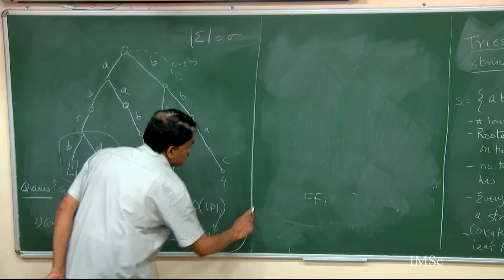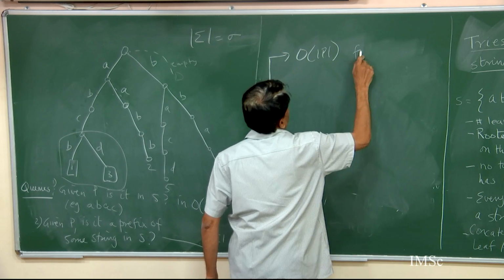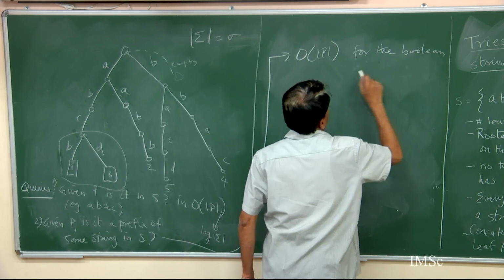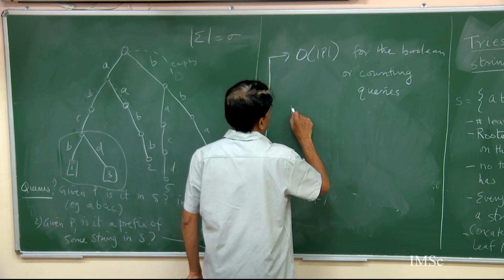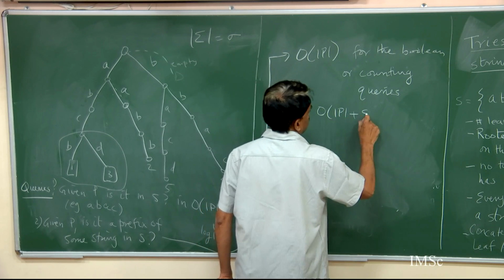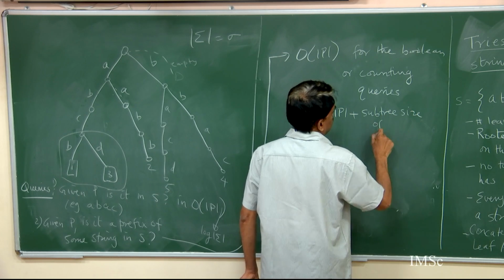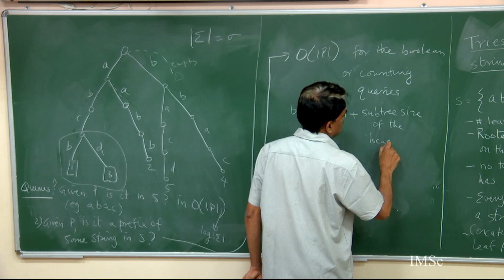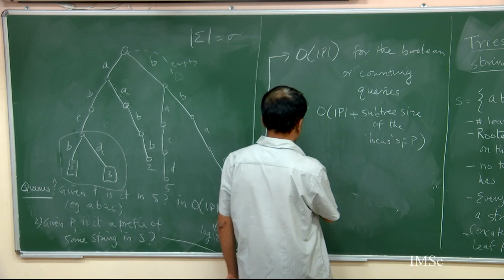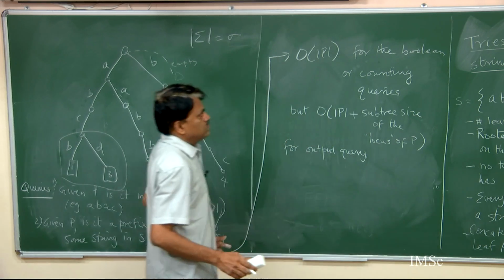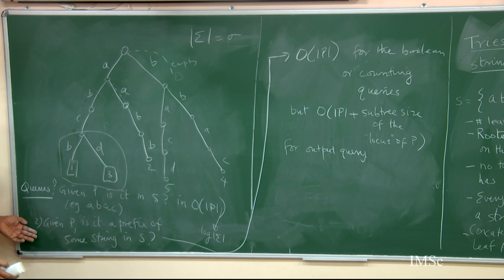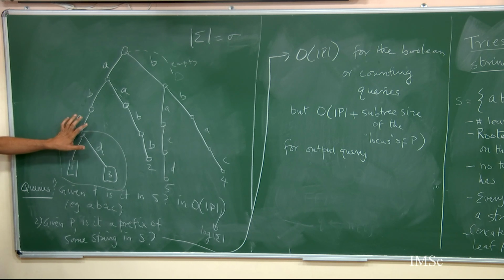So, this is again the locus. I am saying if you only care about how many strings I am a prefix of, or if you ask me whether there is a string of which I am a prefix, I can just follow through, get to that node, and output in order P time.